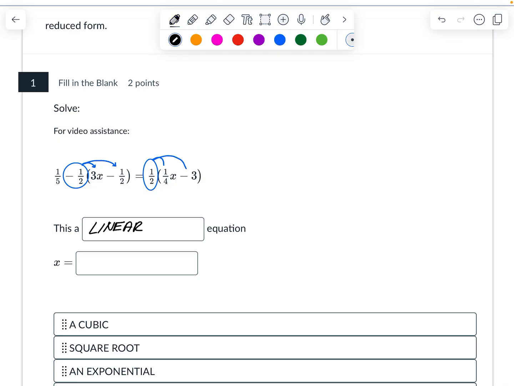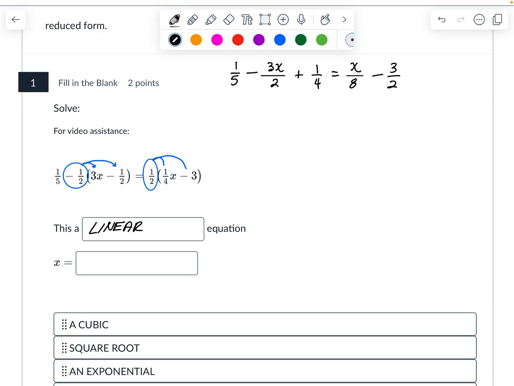When we do that, we get 1/5 minus 3x over 2 plus 1/4 is equal to x over 8, or 1/8 x, minus 3/2.